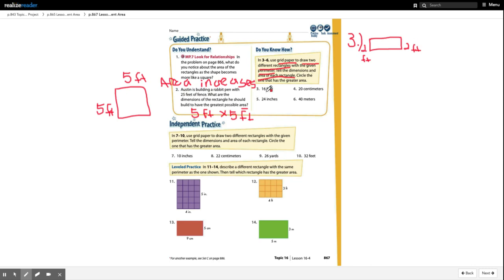What other two numbers can give us 16? If you're thinking 6, so 2 plus 6 is 8. 8 plus 2 is 10, plus 6 will give us 16. But we're not done yet because we still need to draw our second rectangle.